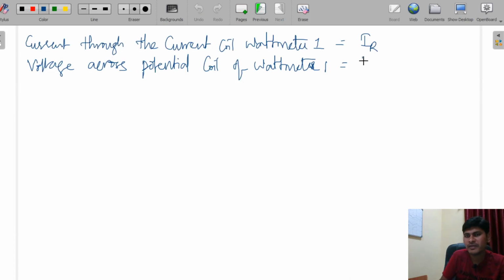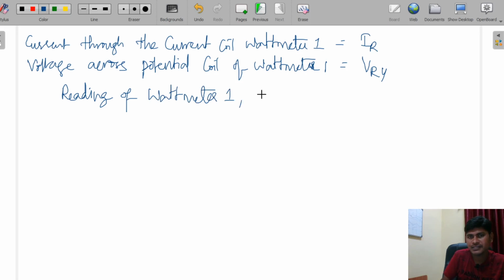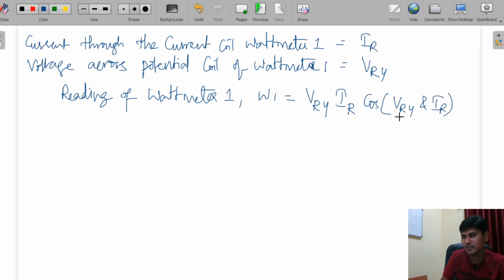Now what is the reading of wattmeter 1? W1 is equal to the voltage measured by the potential coil, VRY, into the current through the current coil, IR, and cos of the angle between VRY and IR, that is, the angle between the voltage across the potential coil and the current through the current coil.